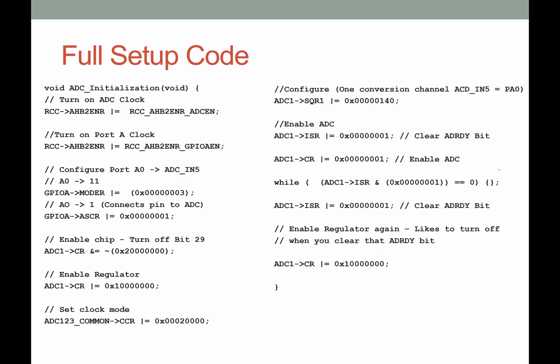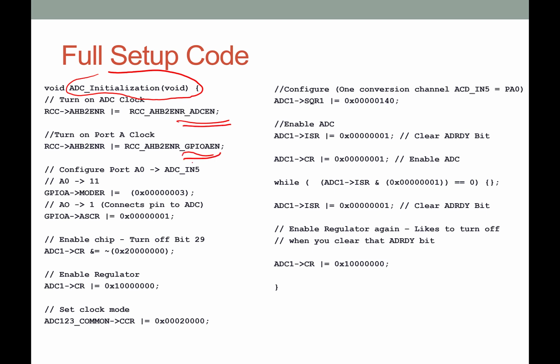So here's sort of the full setup code for the analog to digital conversion. Here it just talks about this as the initialization. If you call this routine, it's going to set up the clock enable.